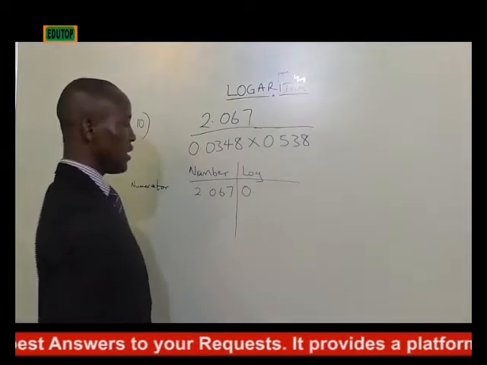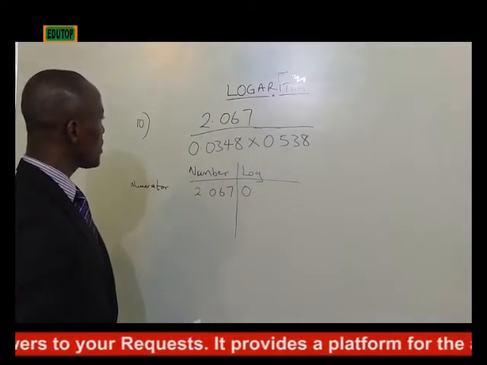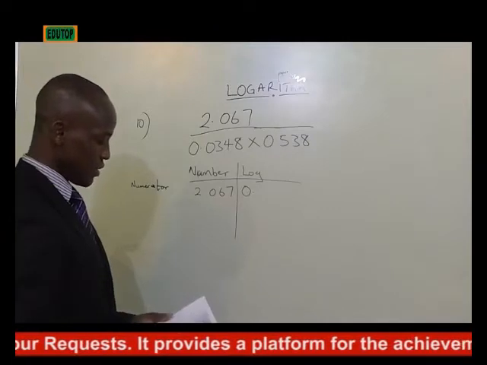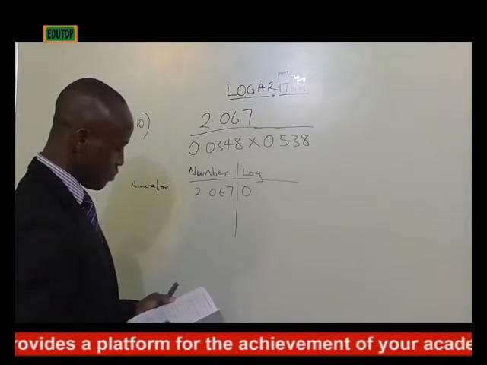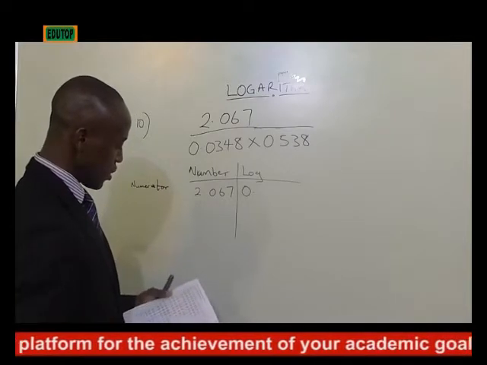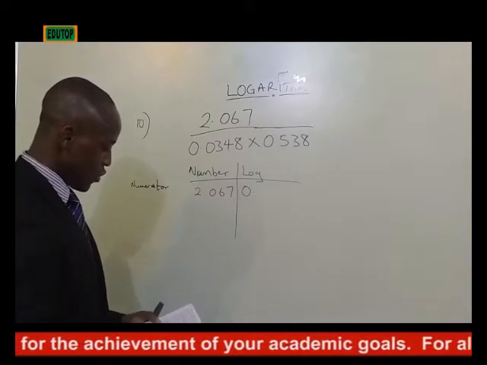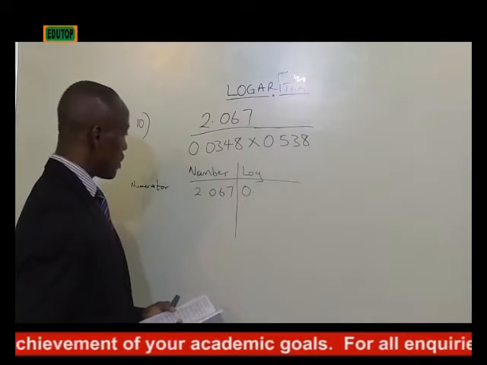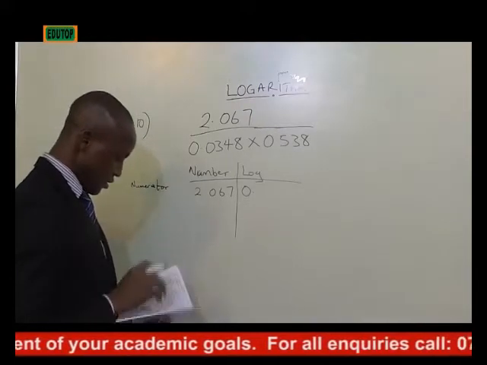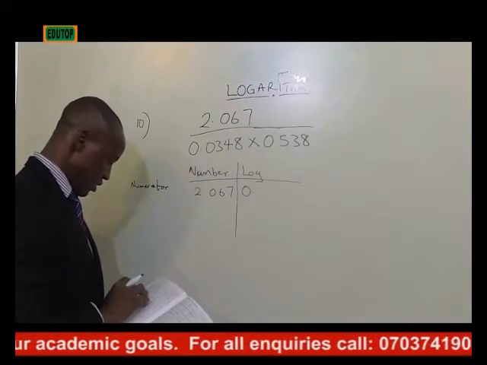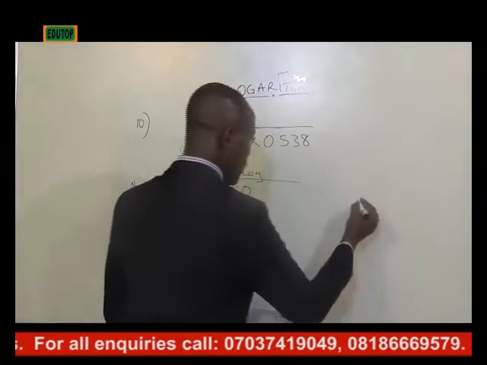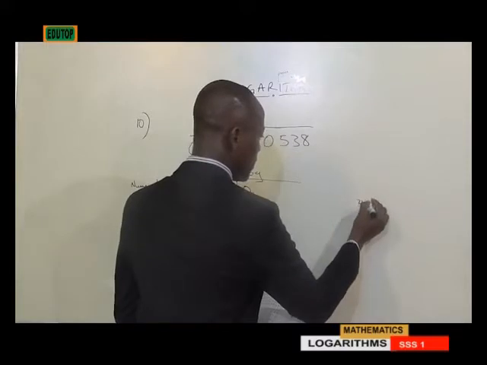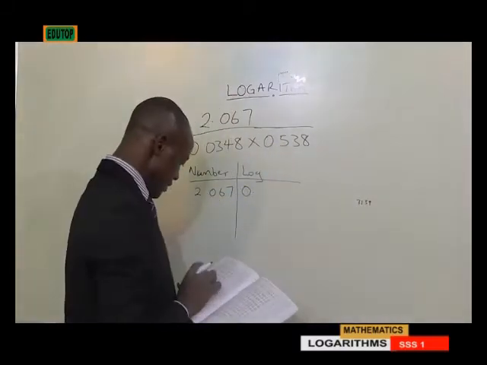Then our mantissa, our decimal fraction, that will be 20 under 6, difference 7. You go to table number 1, in your 4-figure table. 20 under 6 is 3139.